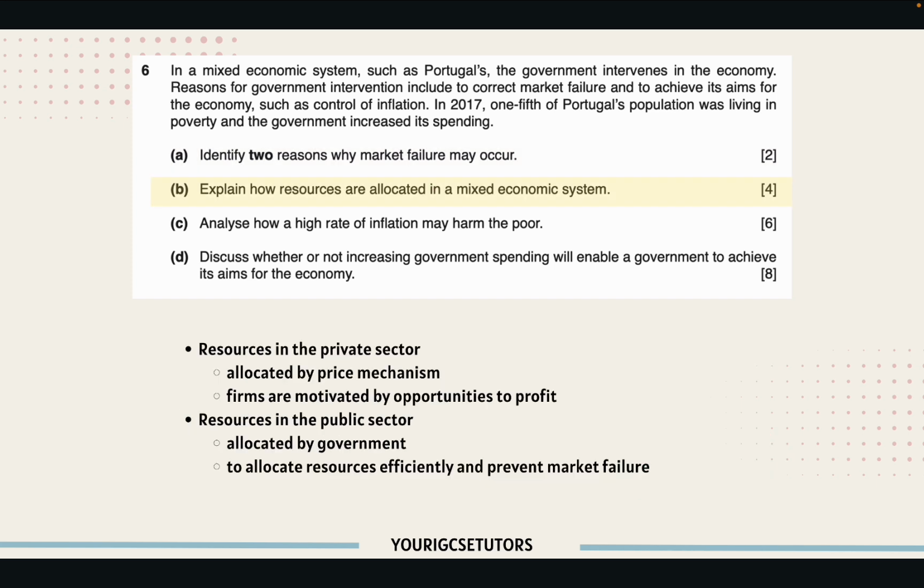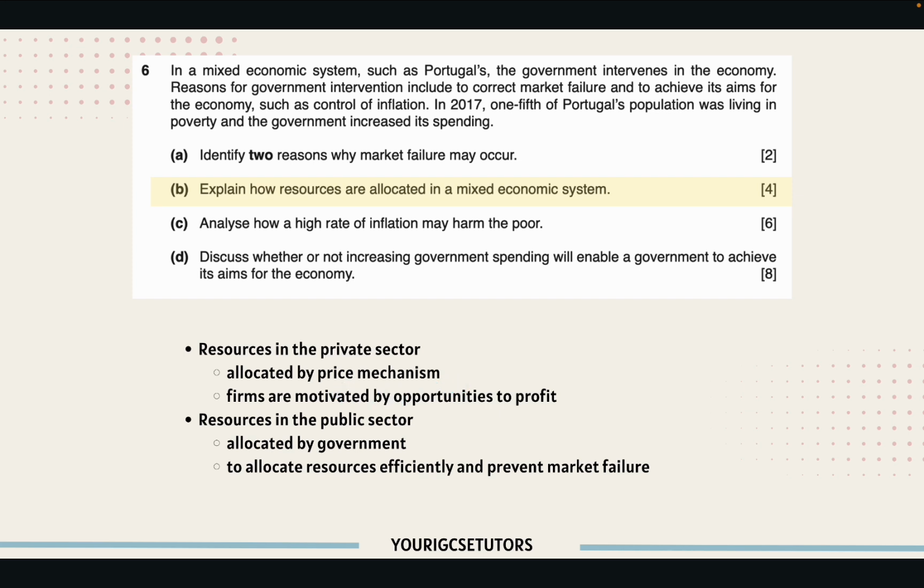Okay, part B. Explain how resources are allocated in a mixed economic system. In a mixed economic system, there's presence of both the public and private sector, so the government and private firms are involved. For allocation of resources in the private sector, it's mainly based on the price mechanism, or the market forces of demand and supply.